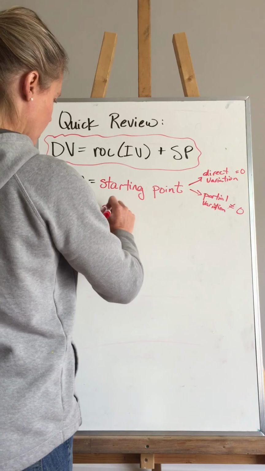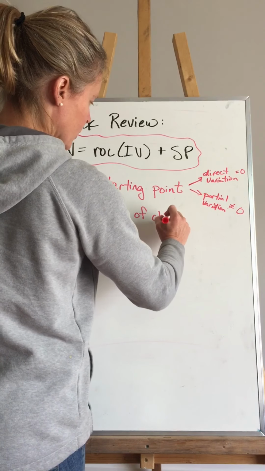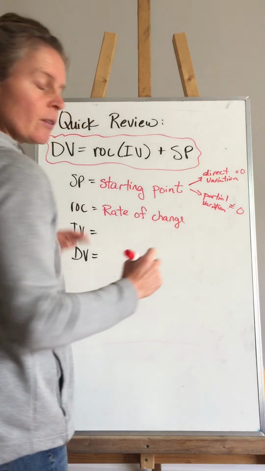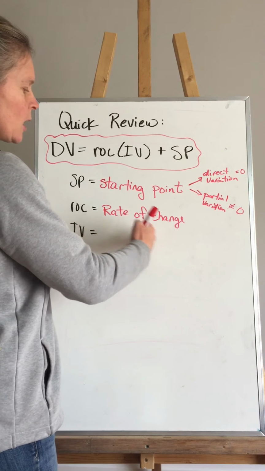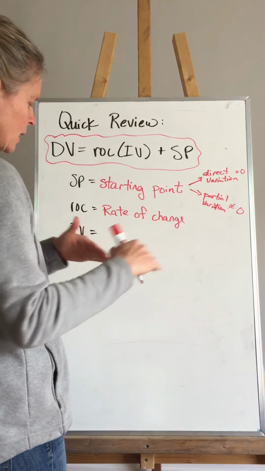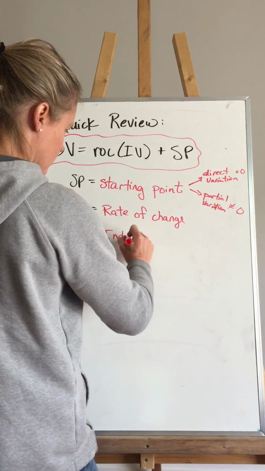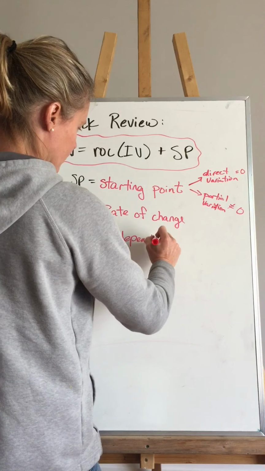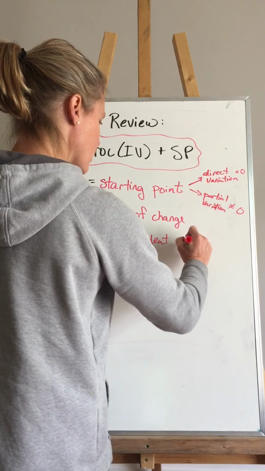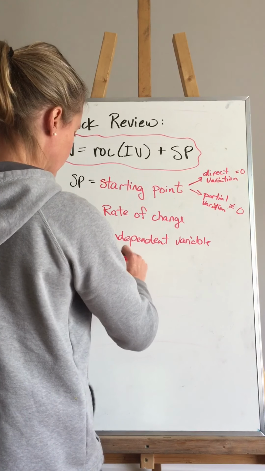ROC, of course, is the rate of change. What things are going up or down by, and because it's a linear relation, the rate of change will be constant. It's constantly going up by something or constantly going down by something. IV is the independent variable, and DV is the dependent variable.